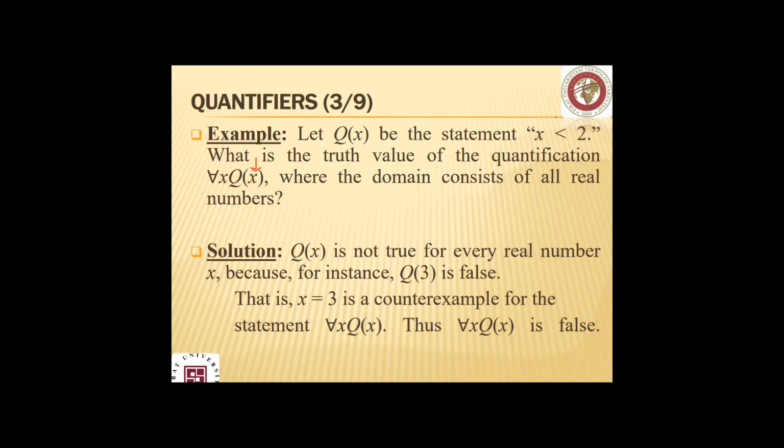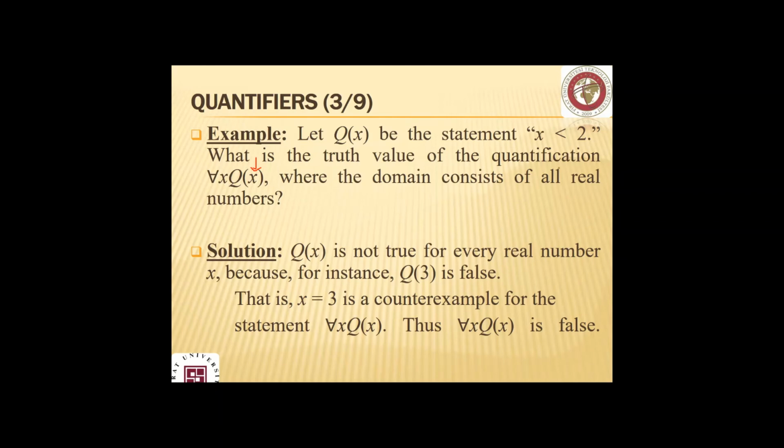Well, for all the real numbers, x less than 2, that is not true. How do I know? If we get one counterexample, that's enough. Think about 3. Is 3 less than 2? It's not. Then you have a counterexample.